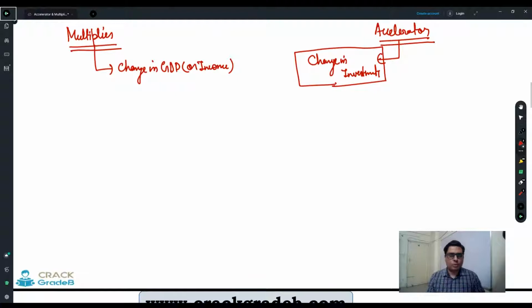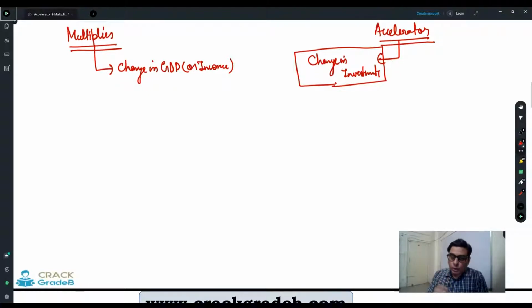In very simple words, I have one car which I can accelerate. Whereas multiplier means I have one car and I have to see how much more income I can generate from that car. Accelerator function focuses on something else. I have one car and I am generating some income.